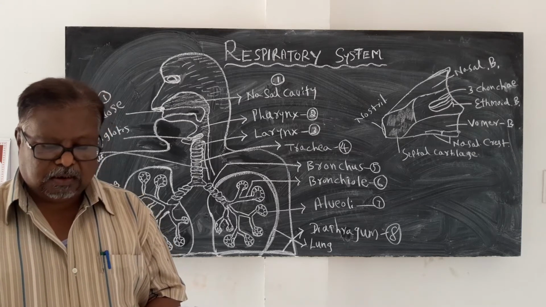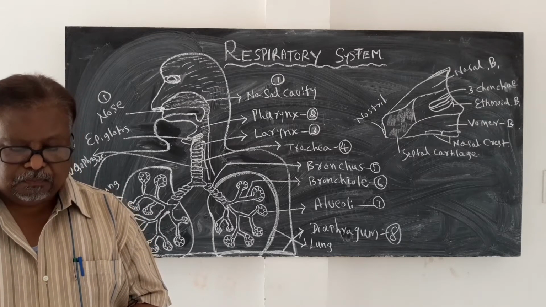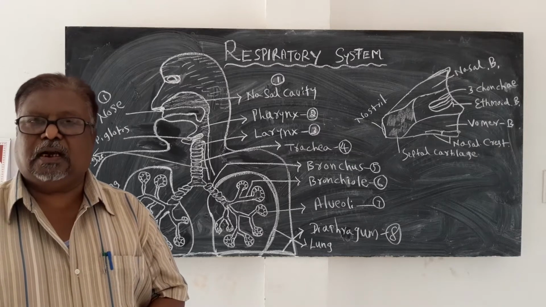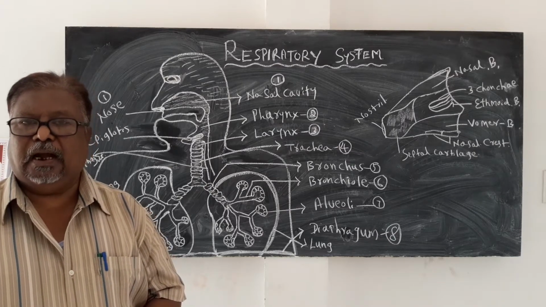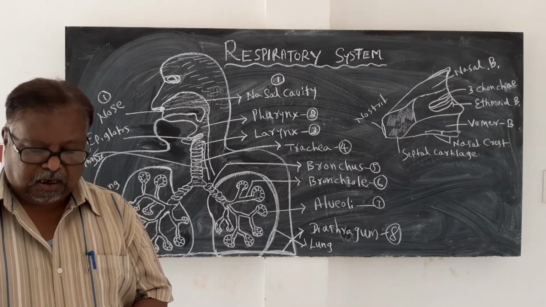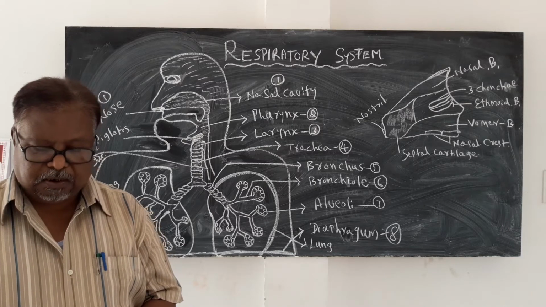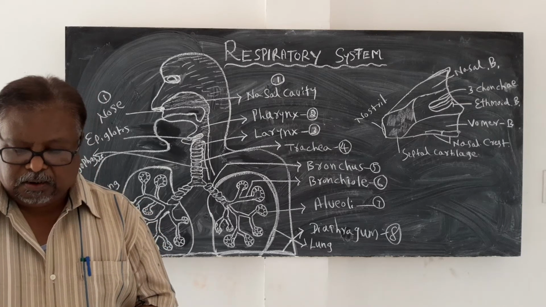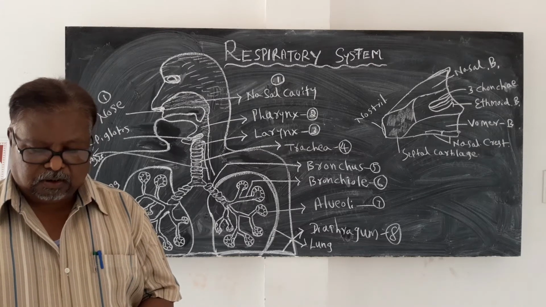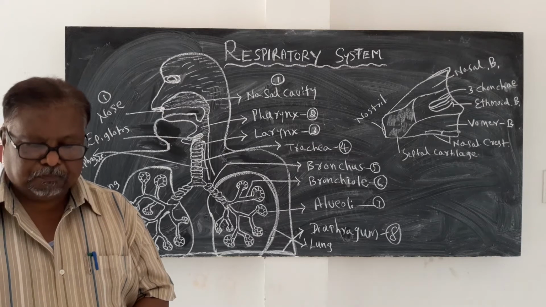This system is adapted to the concentration of gases in the atmosphere. So in the atmosphere, there are different types of gases, and depending on the concentration of the gases, this system is adapted. Then the major organs of respiration help living organisms to get oxygen into the cells and carbon dioxide out of the cell.